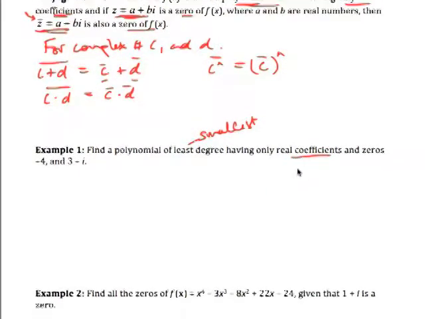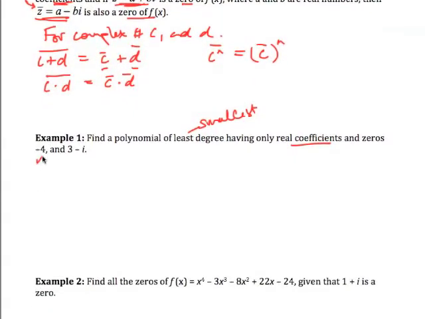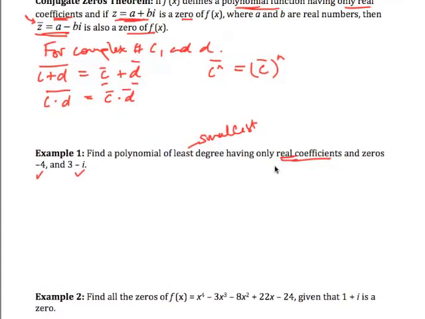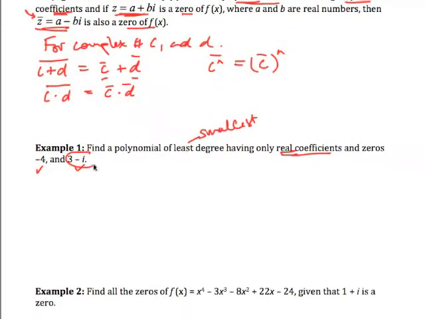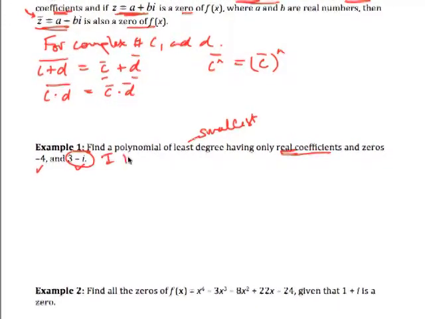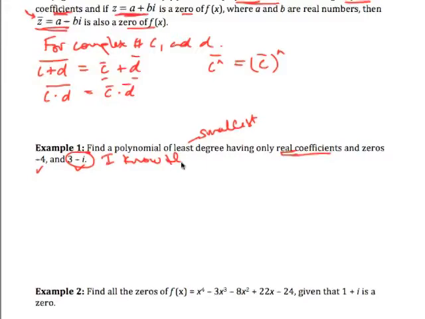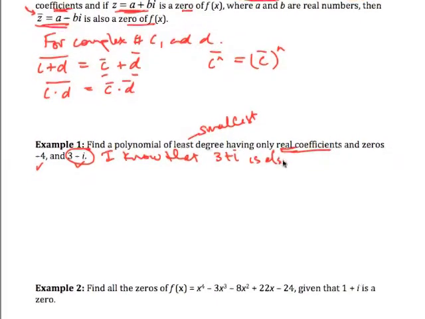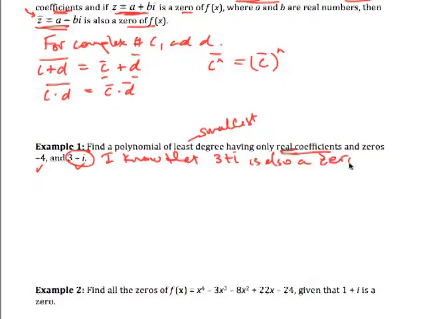having only real coefficients and zeros, -4 and 3 minus i. Now since I have real coefficients and I have a complex one, I know that 3 plus i is also a zero.